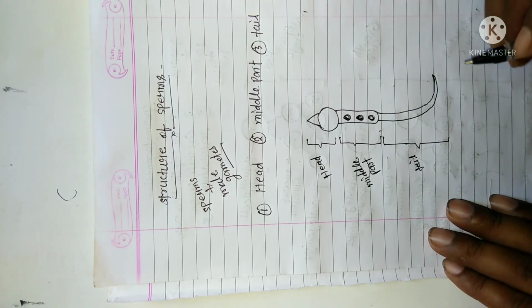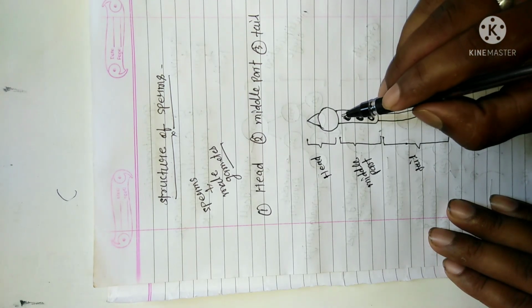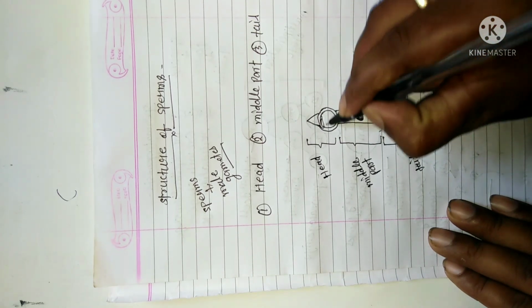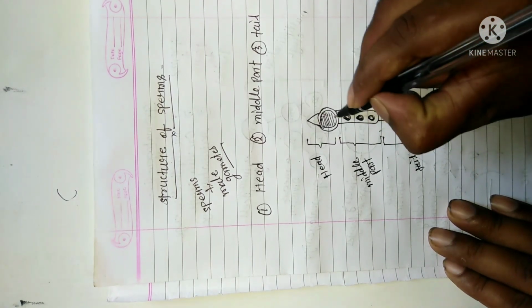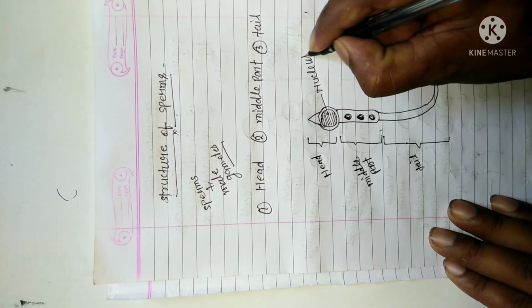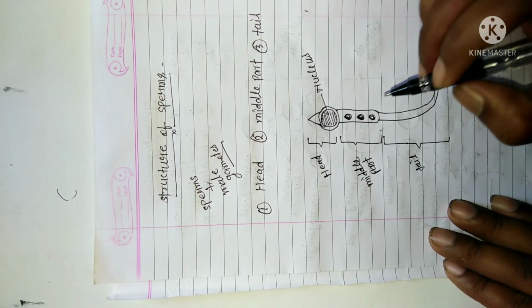In the structure of sperms, we can see the upper part of the sperms, which is surrounded by a nucleus. It is nucleus, which is found in the head of sperms.